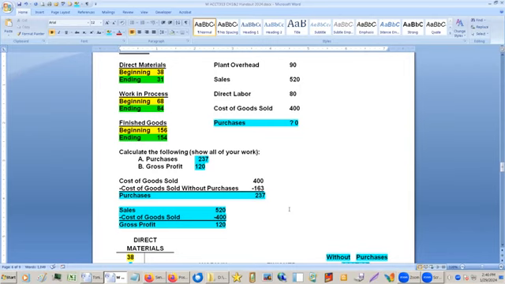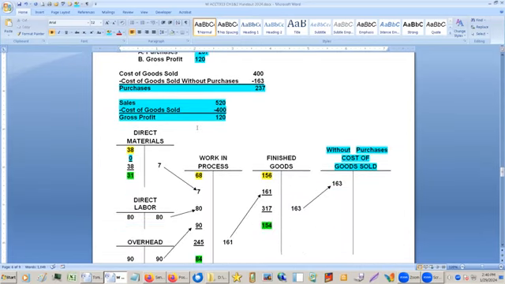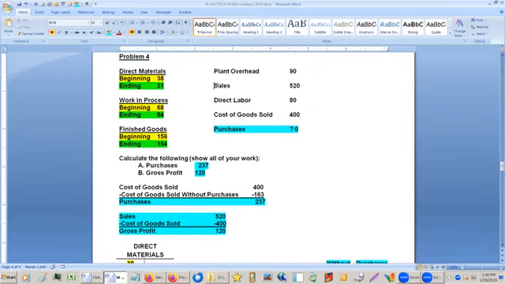Let's say there was a theft that happened, and you had to figure out what you had for a missing number. One of the ways you do it is you'd have your sales, and then figure out whatever your usual cost of goods sold is as a percentage, and use that as your ending cost of goods sold.